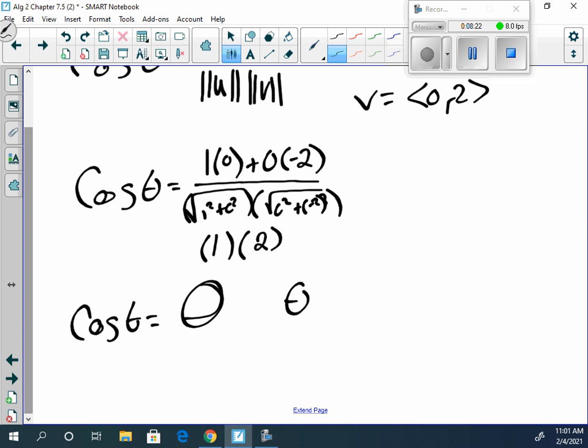And we'd have to take cosine inverse of 0. I'd plug it in, and that's 90, yep.